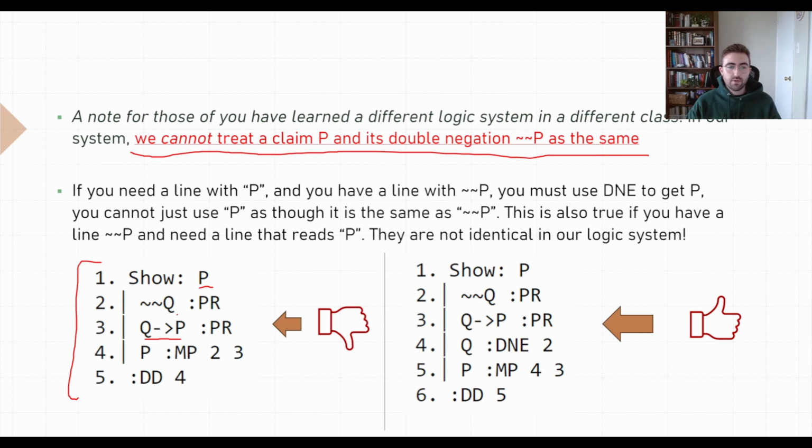Well, you can't just treat line 2 as Q. It's a not not Q. So rather, you would have to do what we do over here, where before doing the modus ponens, you turn the not not Q into a Q. Okay, great. So that's just a note for those of you who learned derivations in a different class. But for those of you who had never seen that, just ignore it.